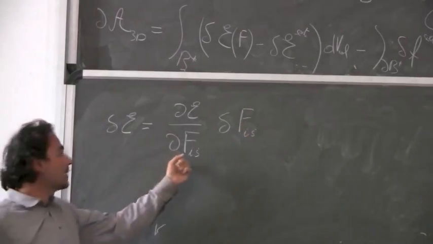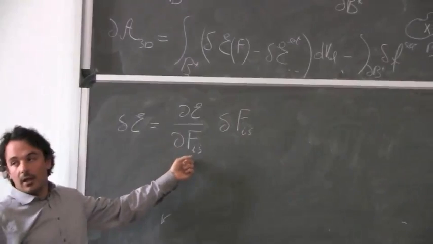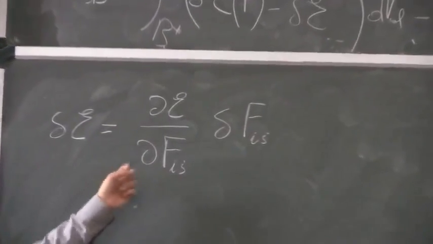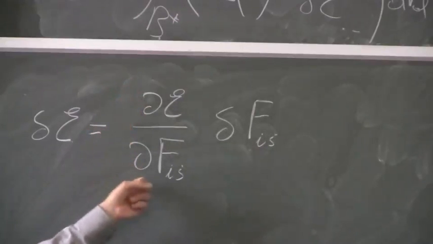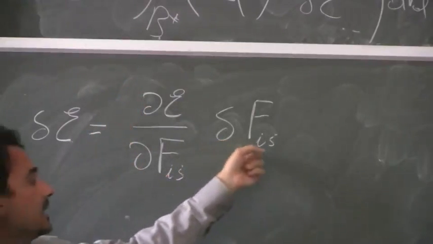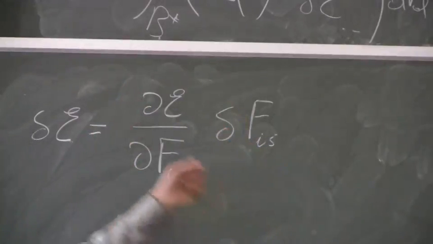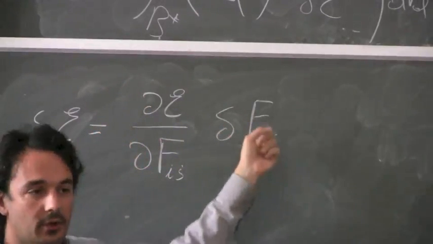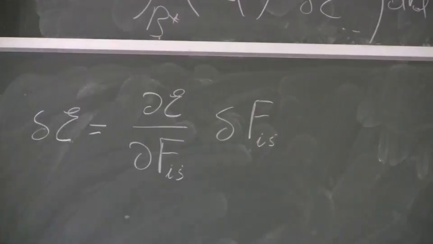It means that you have a sum over the indices i and j. This means derivative of E with respect to F11 multiplied by delta F11, plus derivative with respect to F12 multiplied by delta F12, and so on until you saturate both indices. So we have now 9 addends.